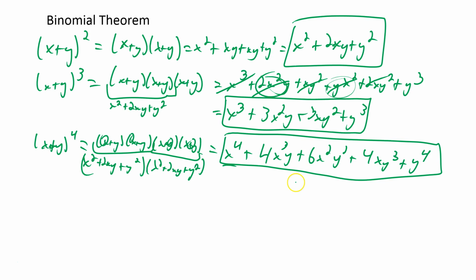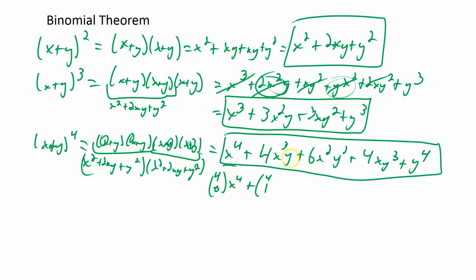And really what I'm doing here is, from 4 things, I'm picking 2. In this case, from 4 things, I was picking 1 to be a y. This is just the number of ways to pick from 4 things. Well, the way that it usually works is 0. So I'm picking 0 y's from 4 things, x to the fourth.